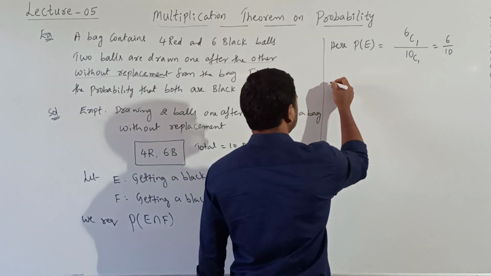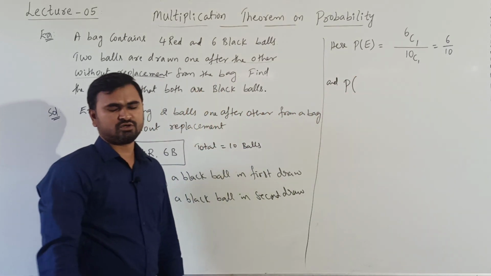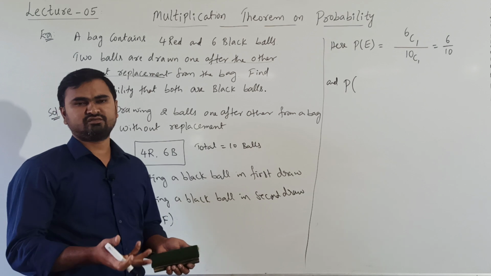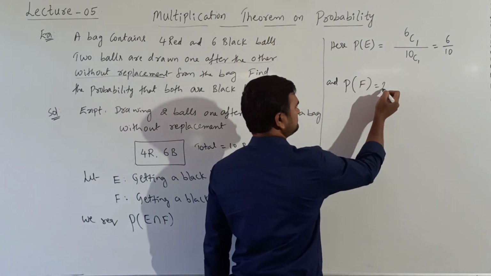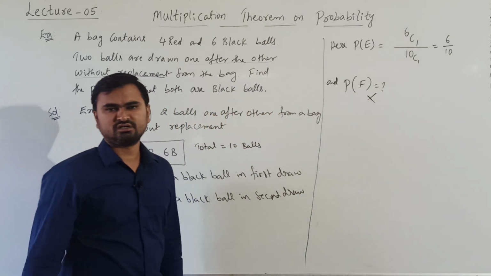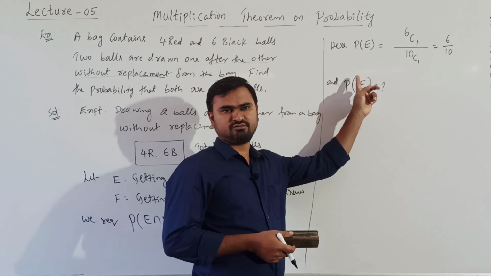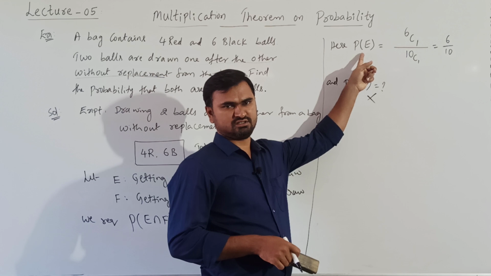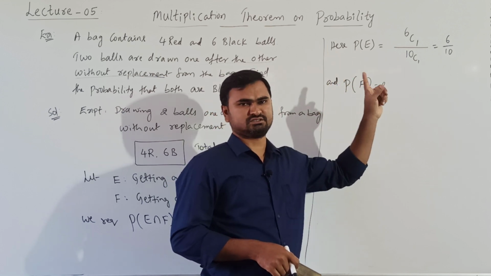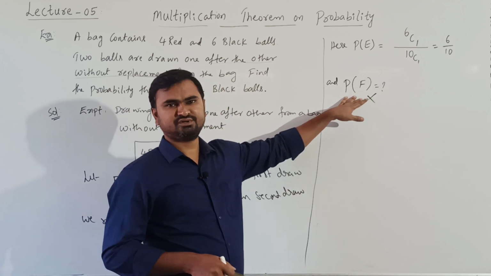Next, now we need the probability of drawing the second one as black. Are we finding the probability of F directly? We are not. What we are finding is the probability of F given that E has already occurred. Without considering that, we cannot find the probability of F directly.